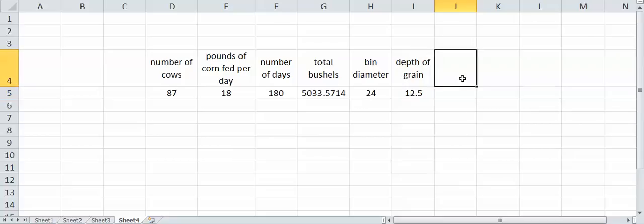And I know that will always be a constant, so I don't need to make a cell for that. So I can make a cell here and then turn it to bushels later if I want. I could have just made this straight into bushels by dividing by 1.25. But let's just do it this way.